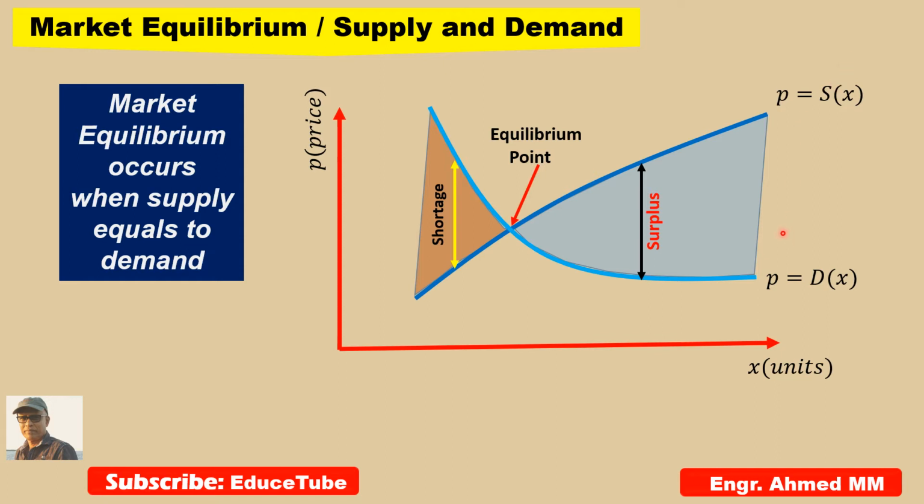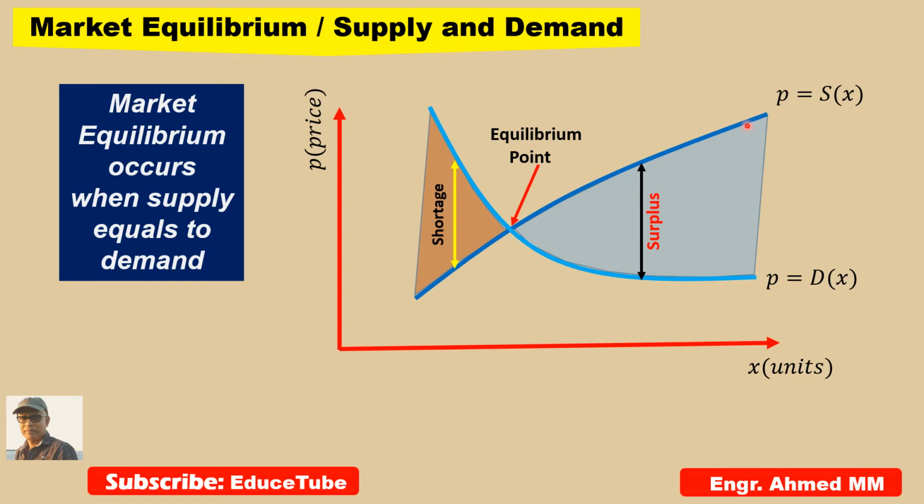Very important point to understand. As the production level x increases, in this direction, the supply price, this P equals S(x), also increases. By seeing this curve, we can understand this: as x increases, this supply curve also increases.